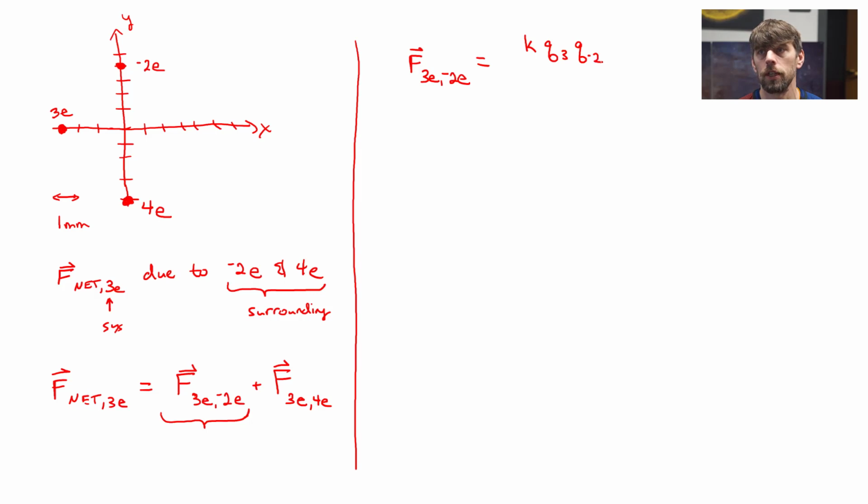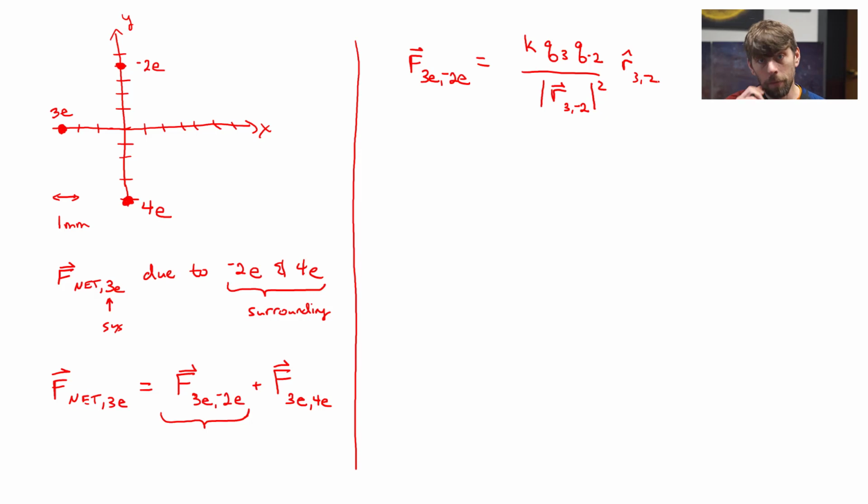So I'll call this the negative 2 charge. And reminding ourselves that in the denominator, that is the magnitude of the relative position vector pointing from the surrounding charge to the system charge. That is squared, and then of course we have the r hat sitting right there.